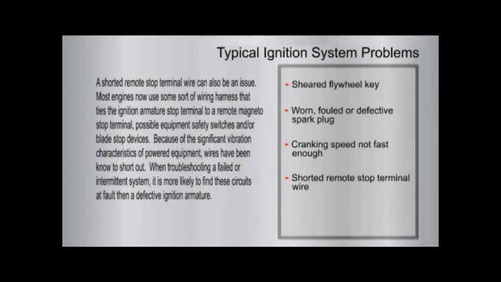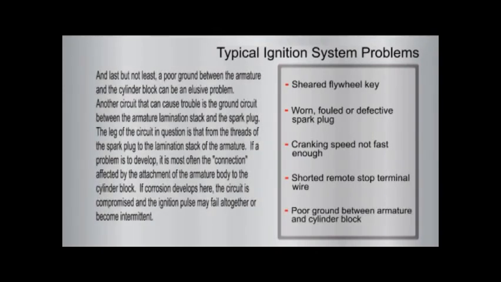Because of the significant vibration characteristics of powered equipment, wires have been known to short out. When troubleshooting a failed or intermittent system, it is more likely to find these circuits at fault than a defective ignition armature. And last but not least, a poor ground between the armature and the cylinder block can be an elusive problem.